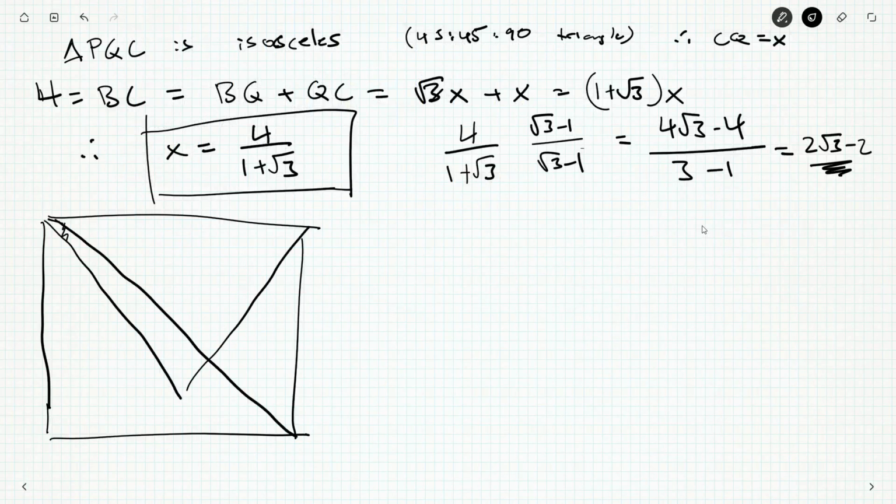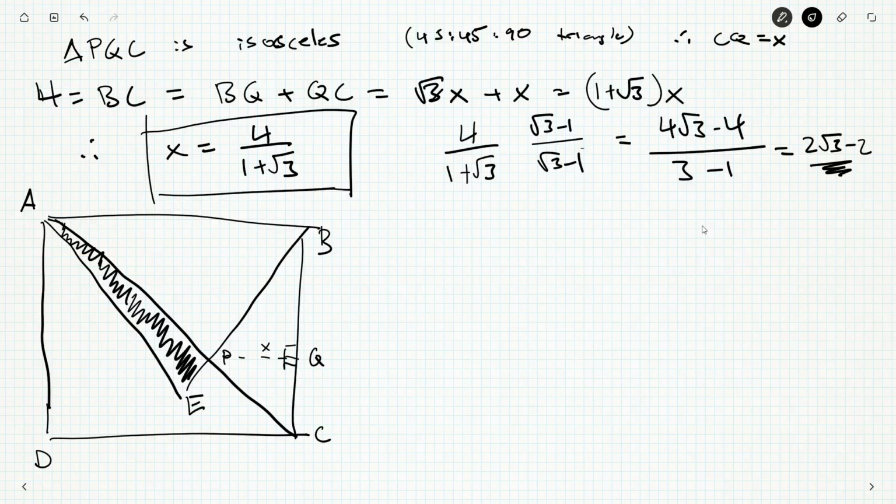Alright, so we want this little sliver here. Okay, that's what we want. We want A, P, E, B, C, D, and then we've got this x here. So we want this area here.